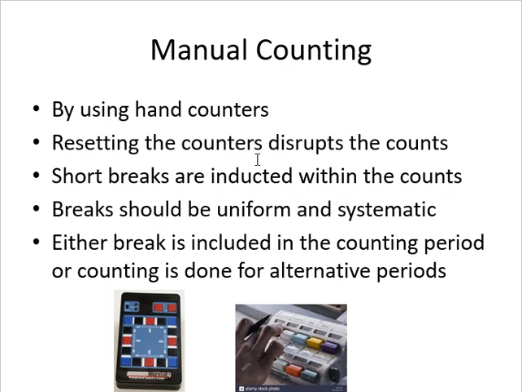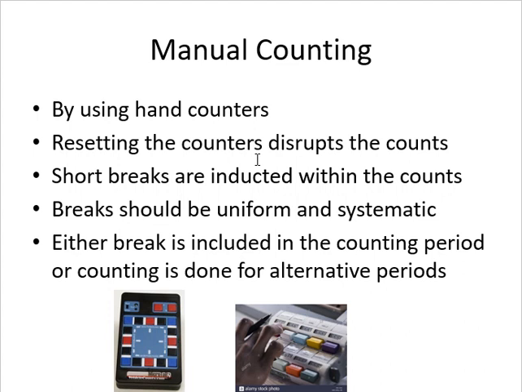But the point is, the break is not up to the person who is counting. He cannot shift it. So you tell him count for 10 minutes and then take a 5 minute break. And he says no, I will count for half an hour and then I will take a 5 minute break. No, he has to go according to the plan.